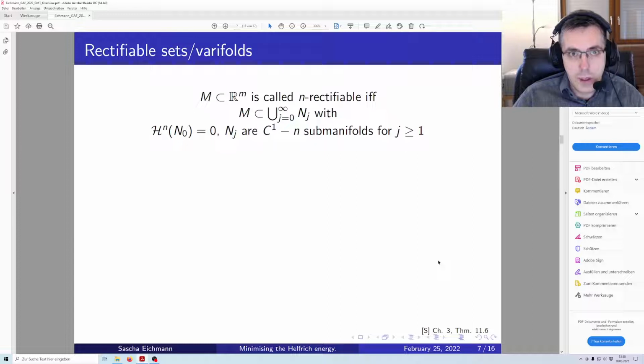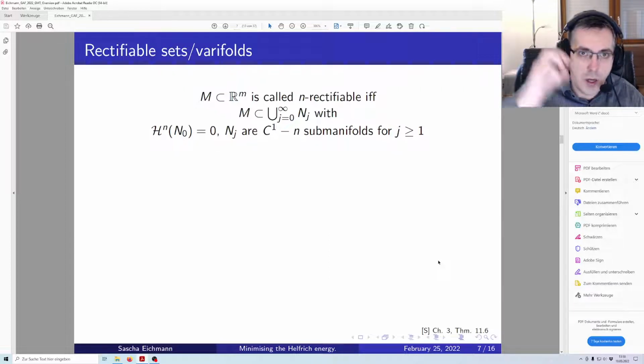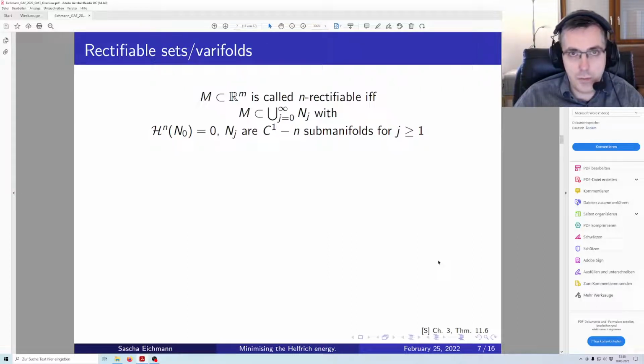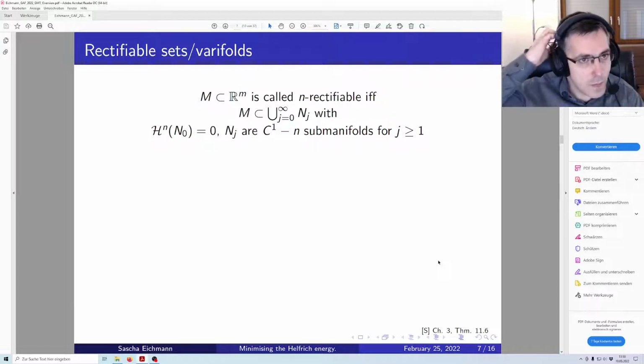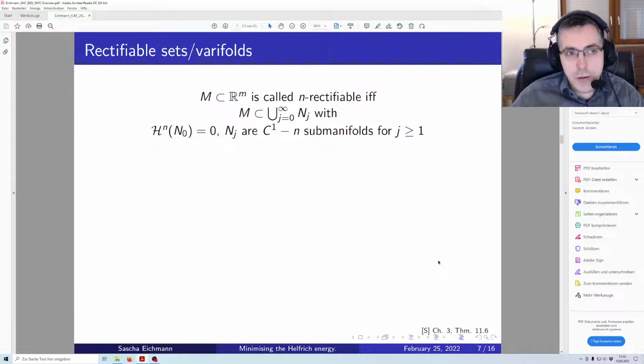Okay, but of course, this is just a very general object. We still want some geometry, so we need tangential spaces, essentially. A good geometric object, in differential geometry at least, should have some notion of tangential space. And for this, we need to define what the so-called rectifiable set is, a set which essentially admits a tangential space. How can you do that?